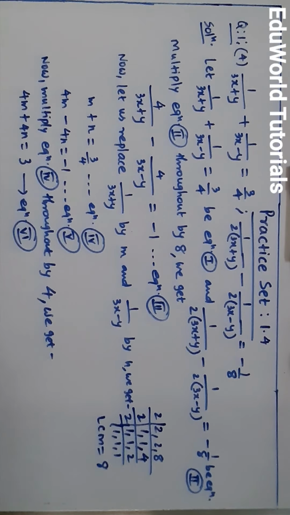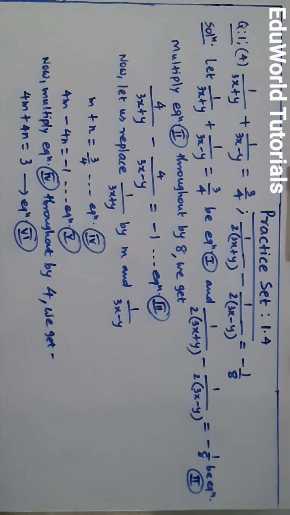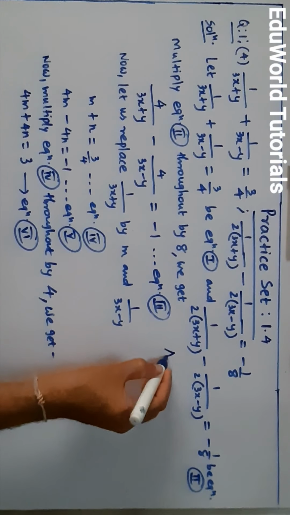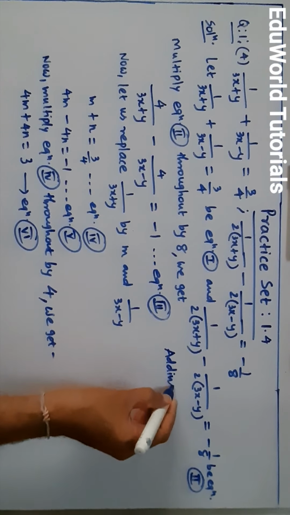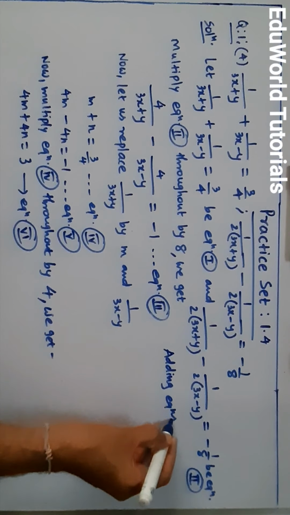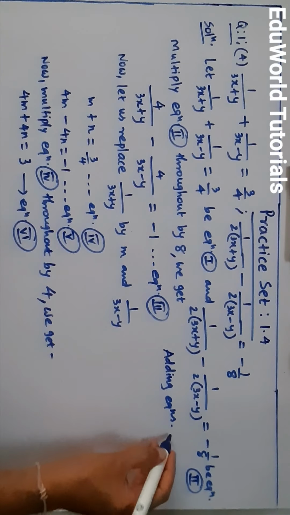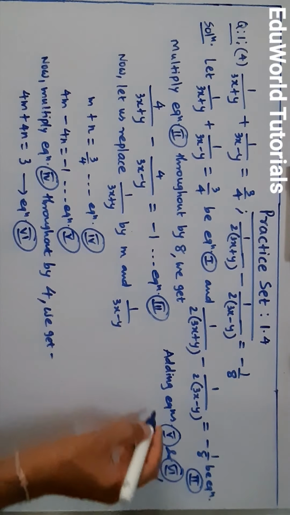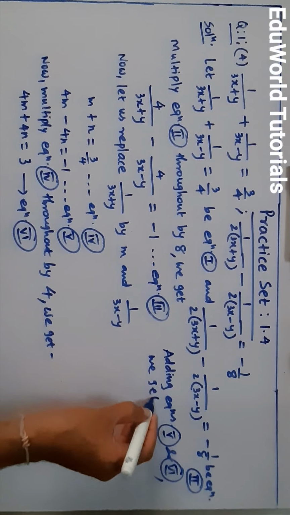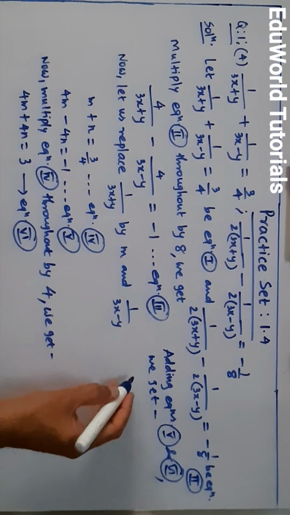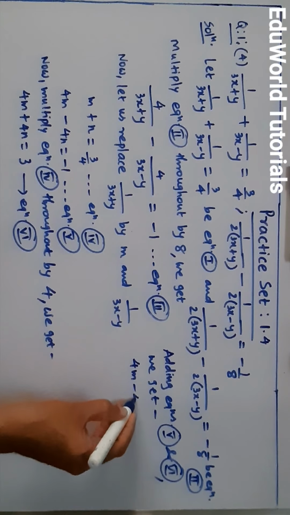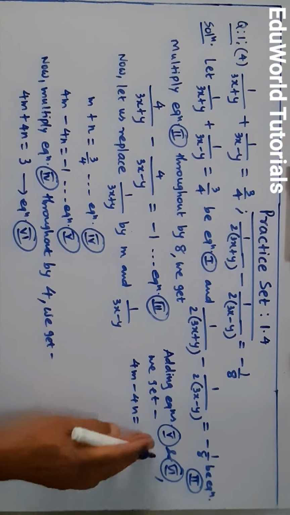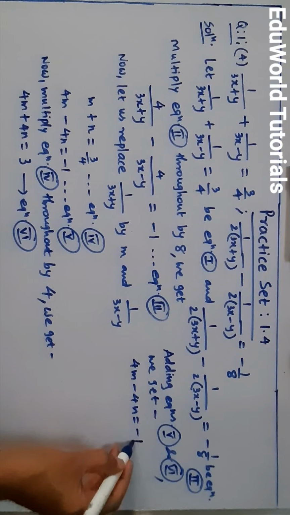Understand? So we are adding these equations, 5th and 6th. The 5th one is 4m minus 4n is equal to 1, minus 1. Be careful of the sign.